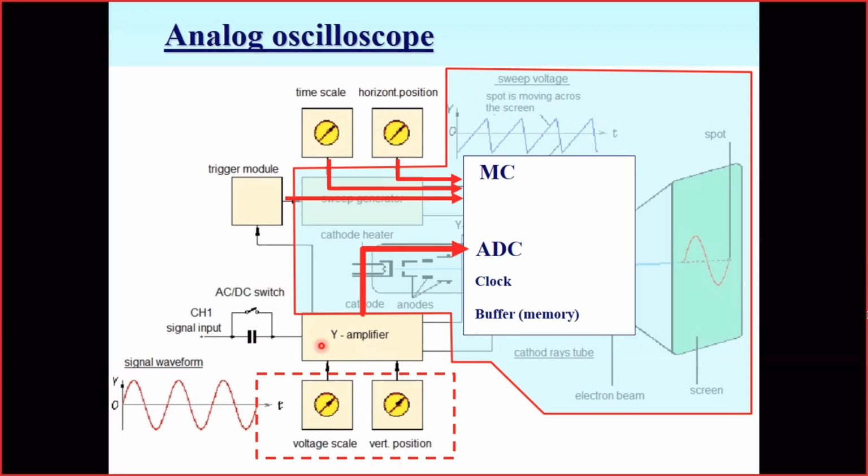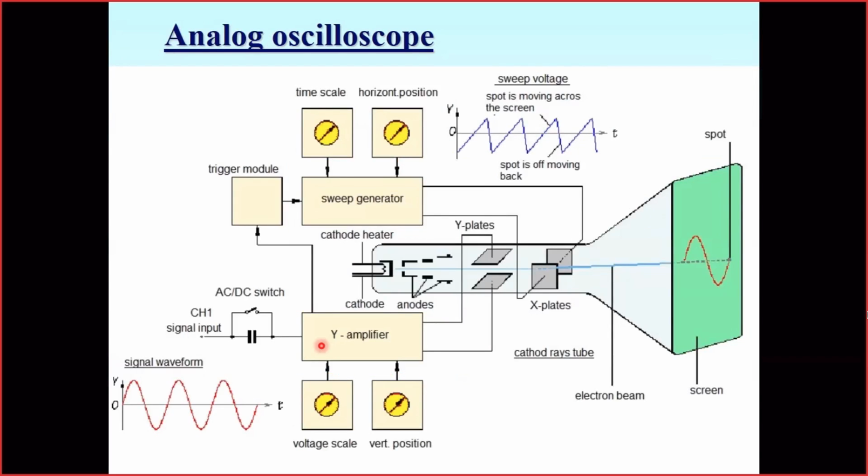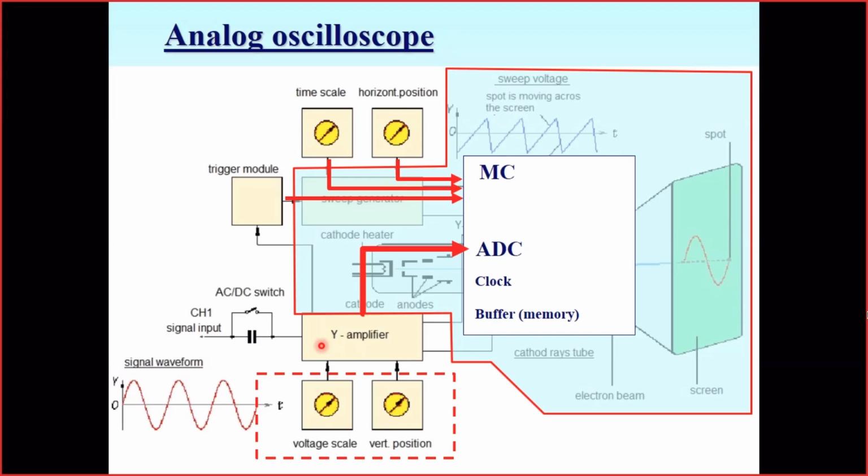So the difference between an analog scope and a digital scope is that we transform the measured voltages at particular moments in time into digital form.